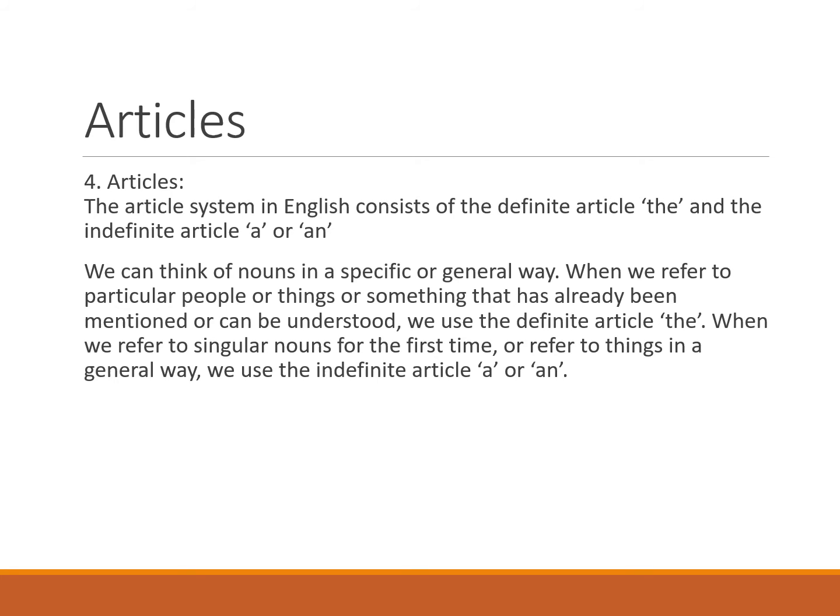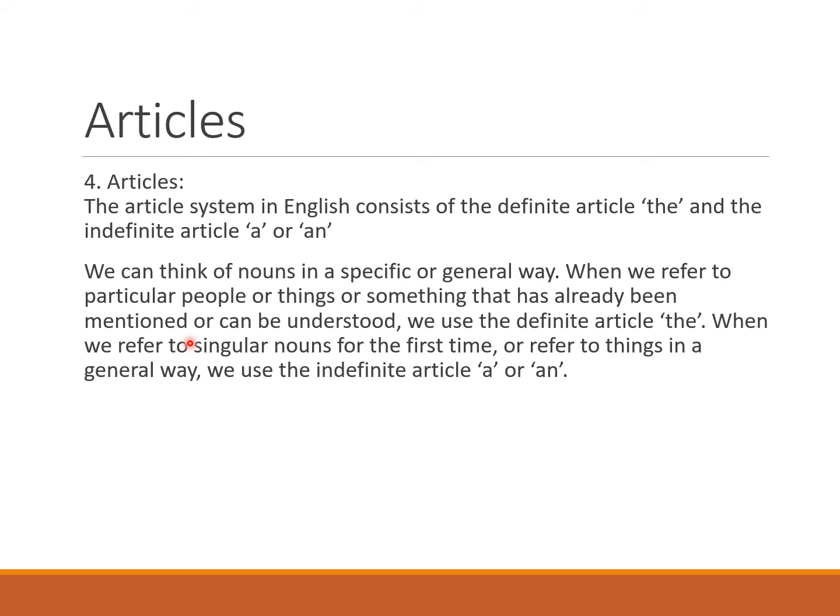Articles. This is the main thing we are going to learn. We have two types of articles: definite articles and indefinite articles. So the is the definite article, and a and an are indefinite articles. We can think of nouns in a specific or general way.